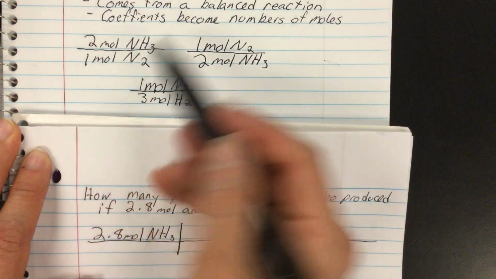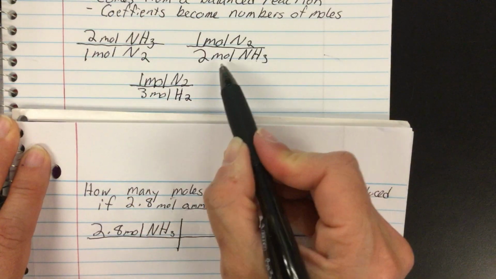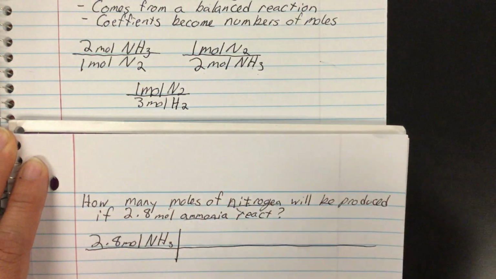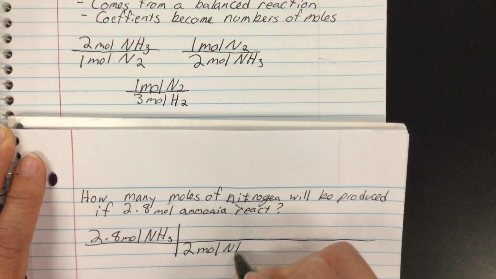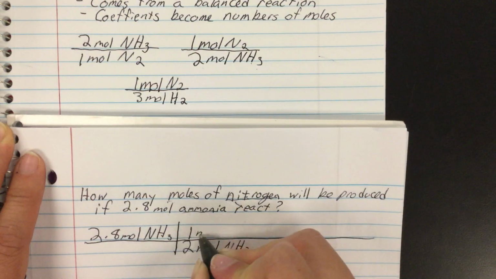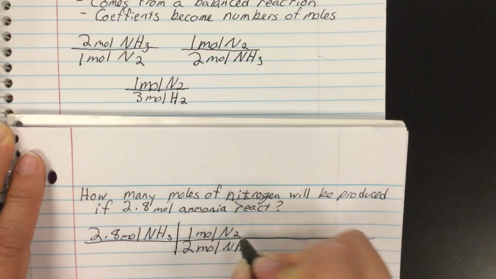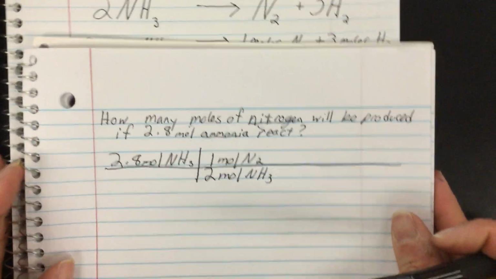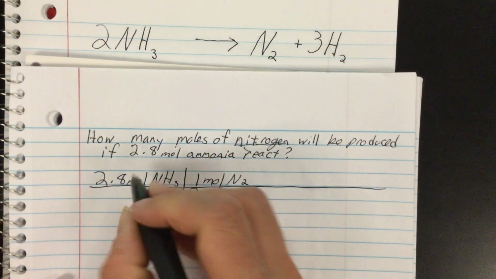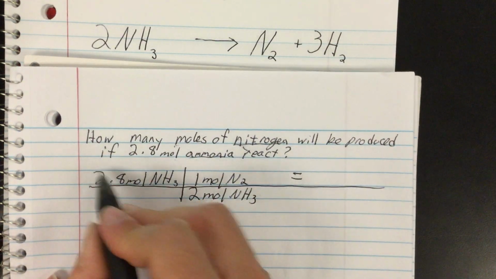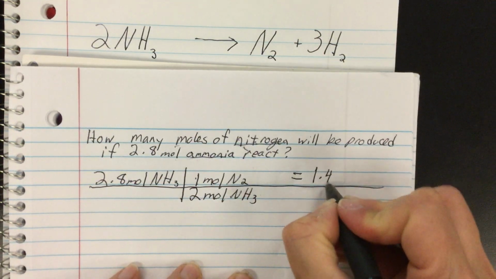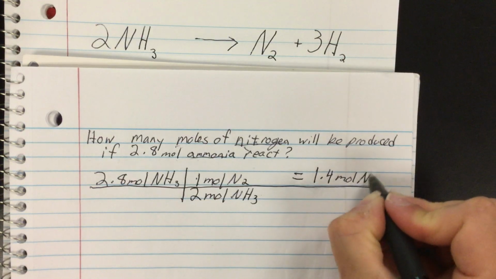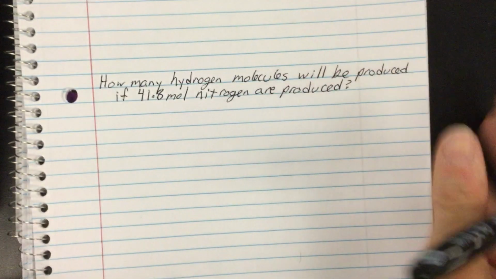Okay, so we're going to take this one right here that's got moles of NH3 on the bottom and a mole of nitrogen here. 2 moles NH3 will equal 1 mole of N2 in that balanced reaction, right? All right, so our answer here, 2.8 divided by 2 times 1, we're going to get 1.4 moles N2.